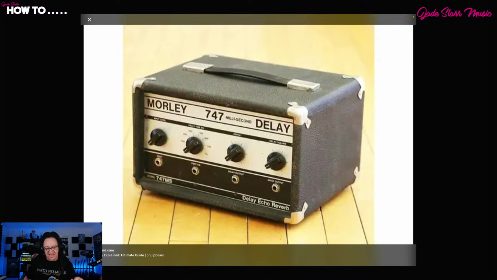So this is a delay echo reverb, and this technology is completely different again, removing the magnetic heads and instead using a rotating can filled with dielectric oil. It would use electrostatic charges that get stored up, storing the signal into the drum of the oil, and it would create the delays that way.